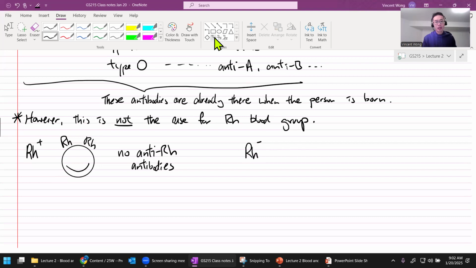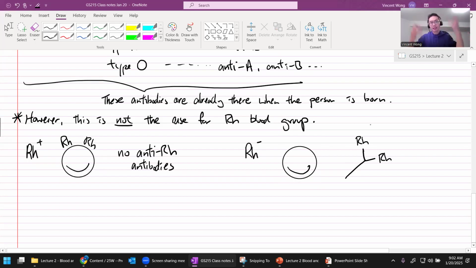RH negative people, on the other hand, do not have the RH antigens on their surface, and therefore RH is foreign to them. It's not something they have in their body. And as a general rule, you will make antibodies to attack things that you don't have. So they will have anti-RH antibodies.